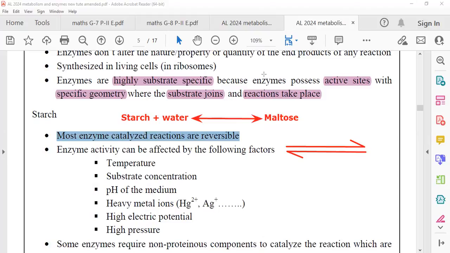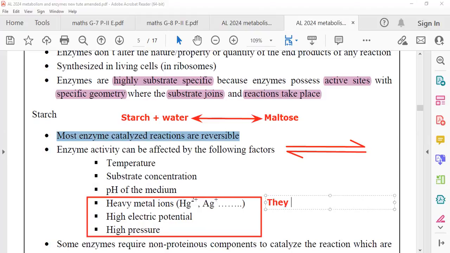Understood? Yes, sir. Right. That's all about them. We don't need to put lots of load about them. What can you write? They denature proteinous, what is it? Enzyme.